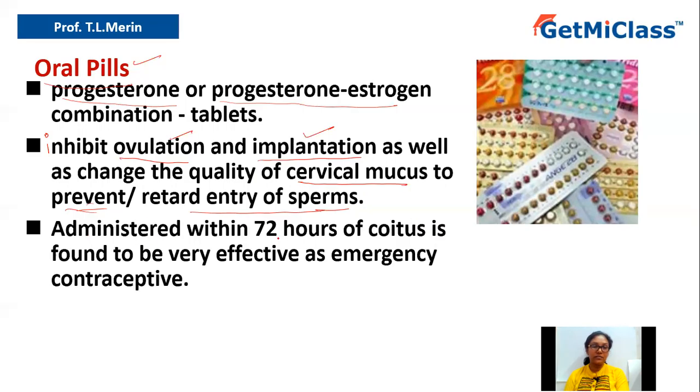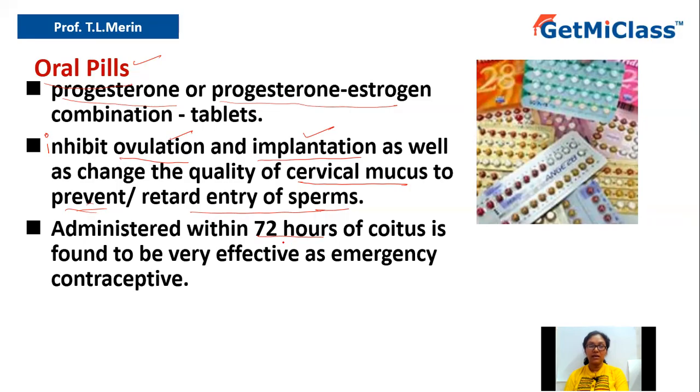Then, administered within 72 hours of coitus. These oral pills should be administered within 72 hours of coitus because the sperms can survive there for about 2 to 3 days. And the ovum, we know, survives for 12 to 24 hours.